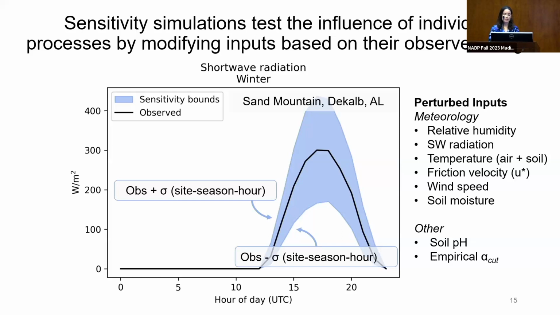We also test the sensitivity of a couple of other parameters that are implemented a little bit differently, for soil pH and for the empirical alpha cuticular value, that are essentially based on either a reasonable range of the variability for soil pH as well as literature values for the alpha cuticular parameter.